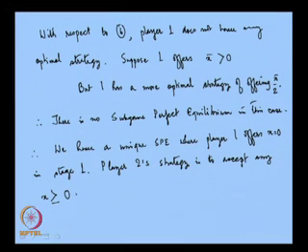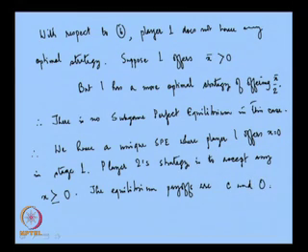And here the equilibrium payoffs are C and 0. Player 1 is getting the entire pie and player 2 is getting nothing.